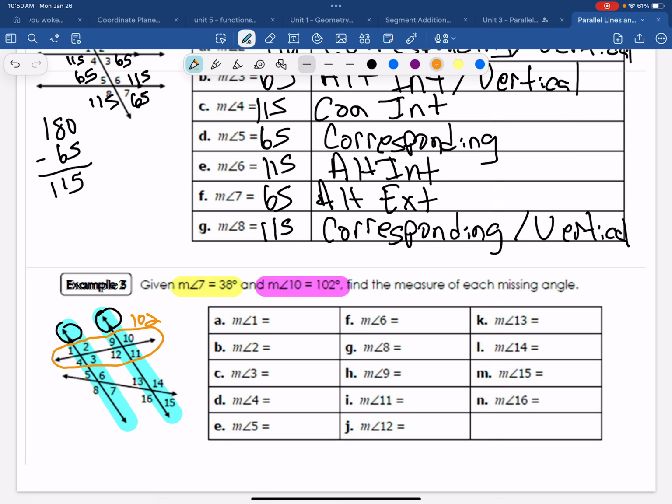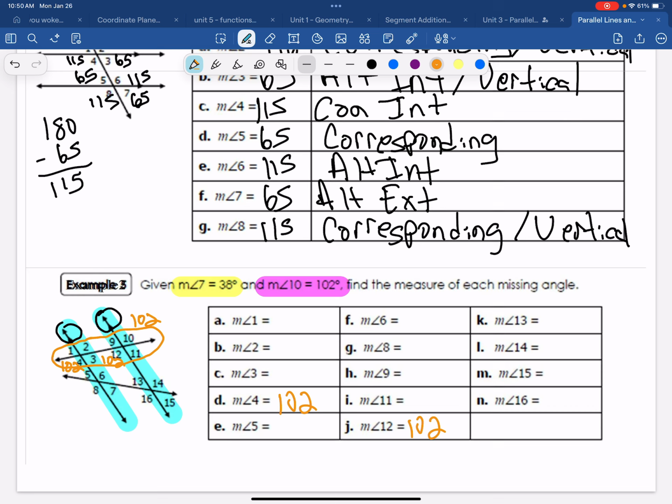So I know 10 and 4 are congruent because they're corresponding, so 102. All right, and then I know that 4 and 12 are congruent because they're corresponding as well.